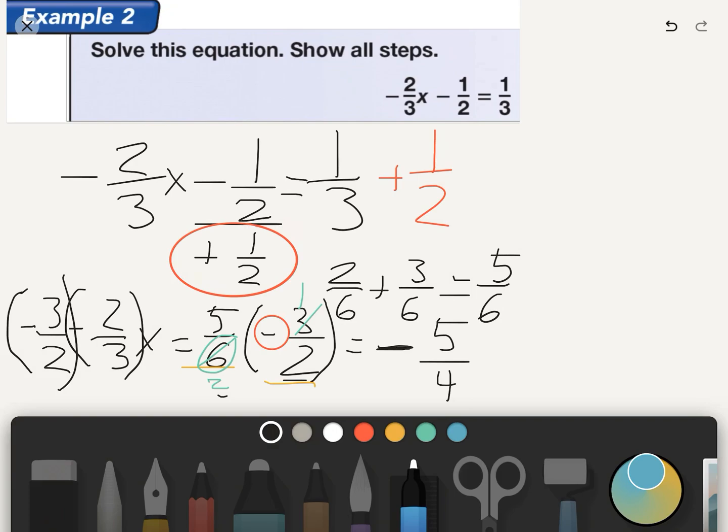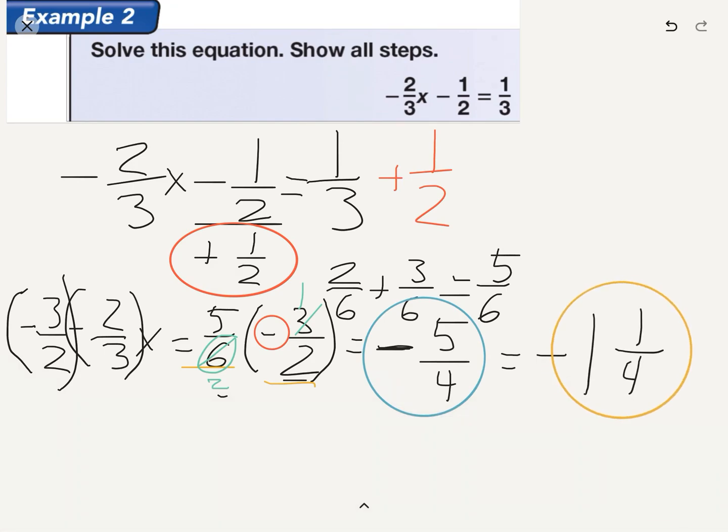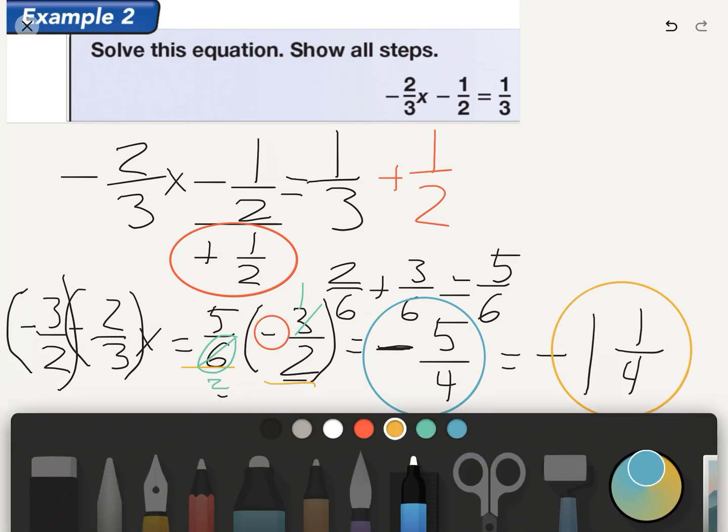And if we really want to take it one extra step in simplification, we could say 1 and 1/4. So just for your information, this is the answer they have in the book. This, if you really wanted to completely simplify it, is what that would really look like.